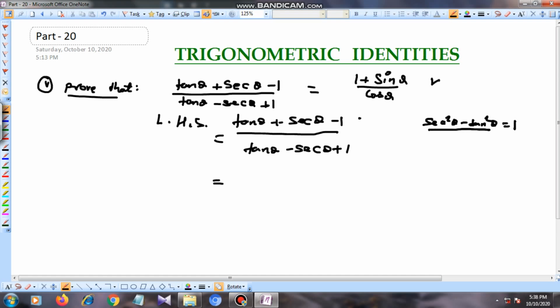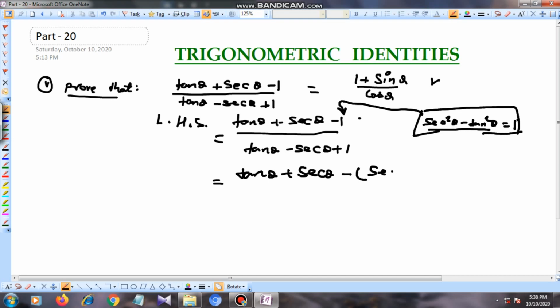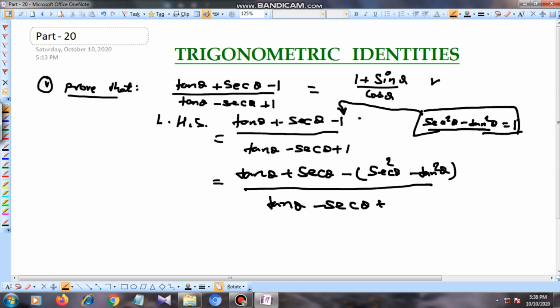So this value of 1 we will put here. Then we get tan theta plus sec theta, value of 1 is sec square theta minus tan square theta, right? Upon tan theta minus sec theta plus 1.